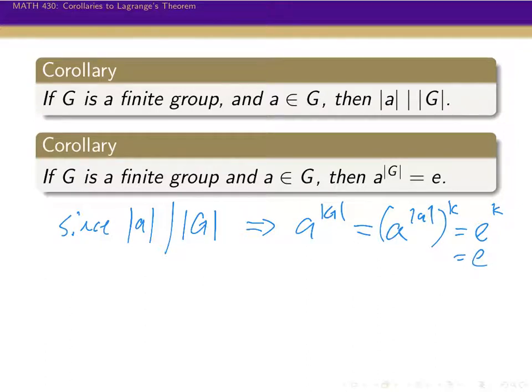Where K here is going to be equal to the index of the cyclic group generated by A inside of G.